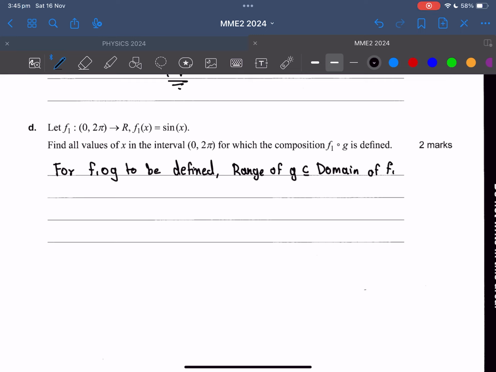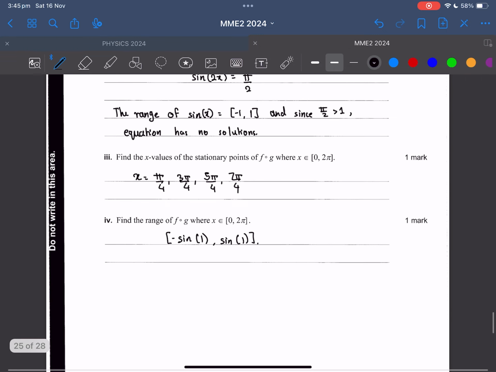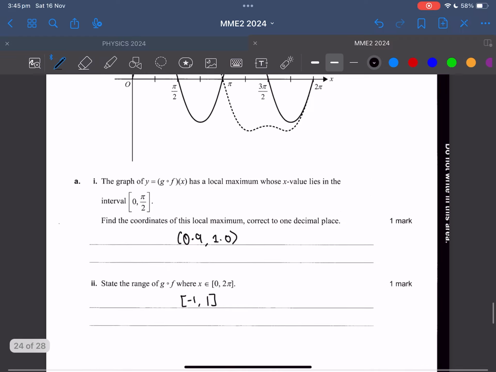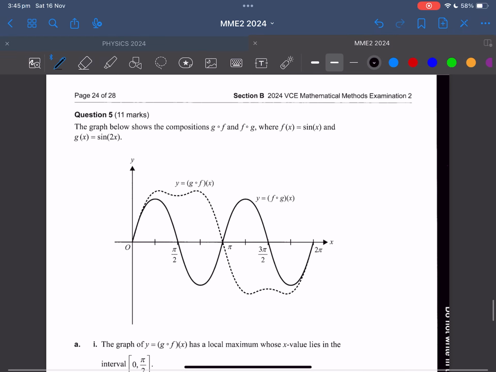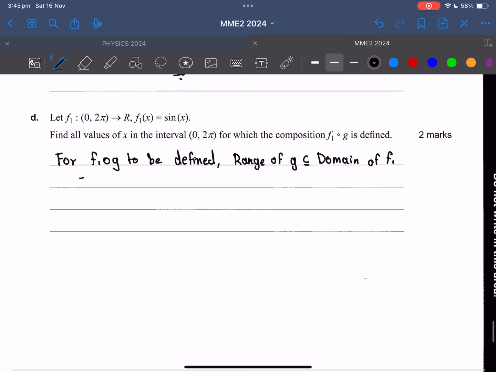So what is our range of g? Our range of g is just -1 to 1. And what is our domain of f? So 0 to 2 pi.